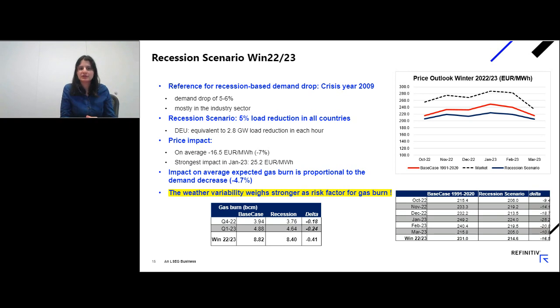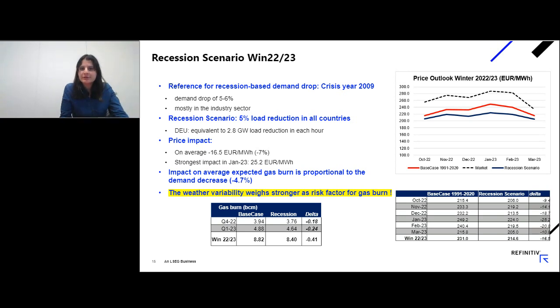We wanted to see what we would see in the winter 22 if we had another power demand drop of 5%. We apply this reduction of demand for all the countries modeled, and in the case of Germany, that means a reduction in every single hour of 2.8 gigawatts.